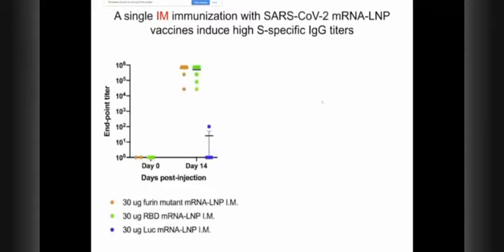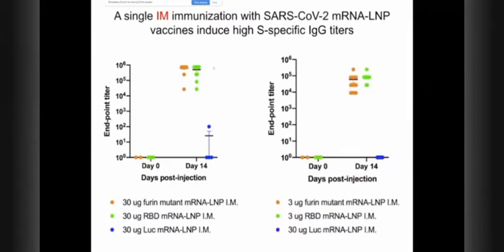So after a single intramuscular immunization with 30 micrograms of mRNA LNPs, we could induce pretty robust immune responses as measured by S protein specific ELISA. The ELISA titers are in the hundreds of thousands. That is actually pretty good for 14 days post-immunization, and the lower dose of 3 micrograms also induced pretty decent ELISA titers.